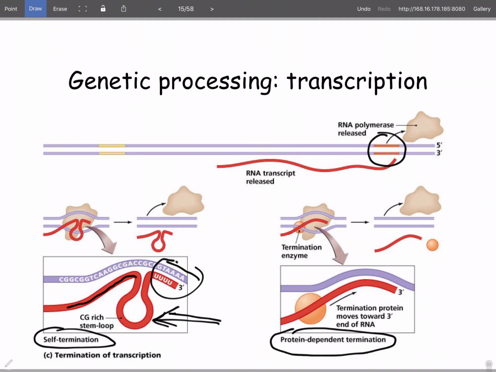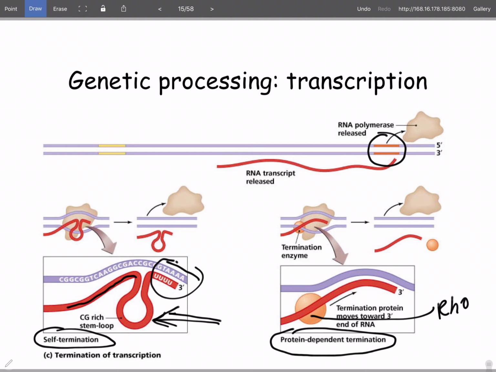And then they found a sequence that was common among other gene sequences. And so then after looking at it for a while, they found an enzyme that could actually wrap around the new RNA sequence. It's called Rho. And kind of chase the RNA polymerase along.